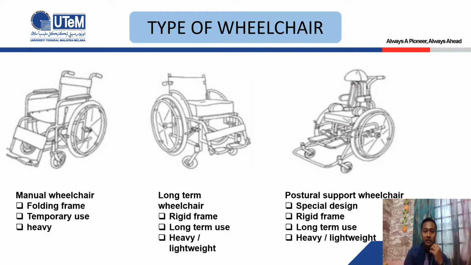As you can see in the slide, now we go through chapter 2, literature review or past research. This is some types of wheelchair that are in the market today and their features, such as whether it can be folded or not, used for temporary or long term, and so on.